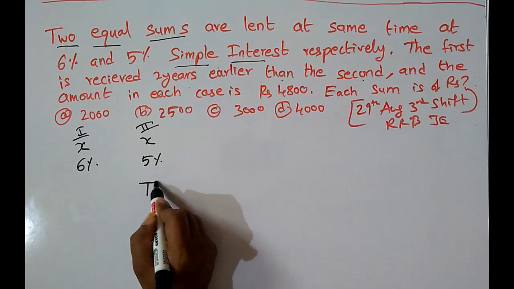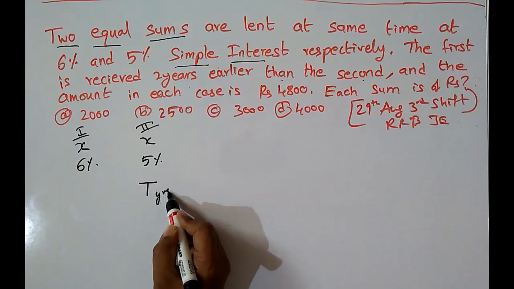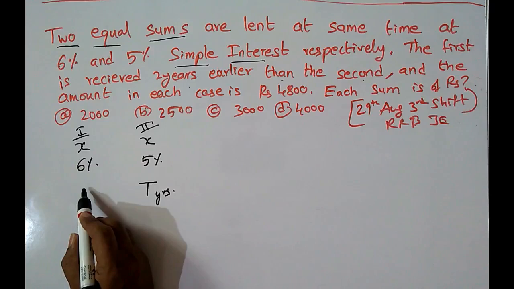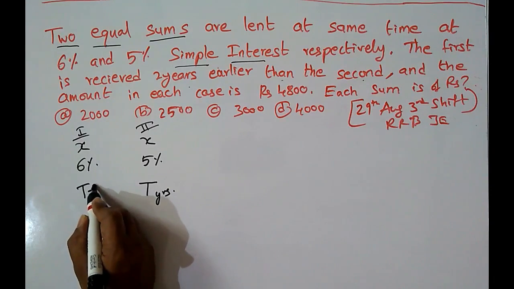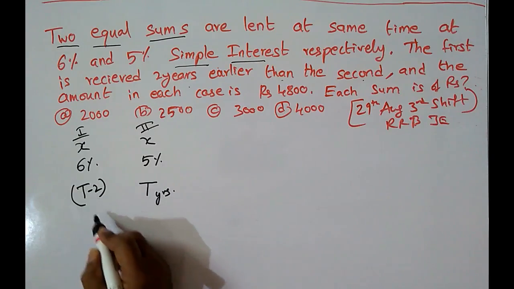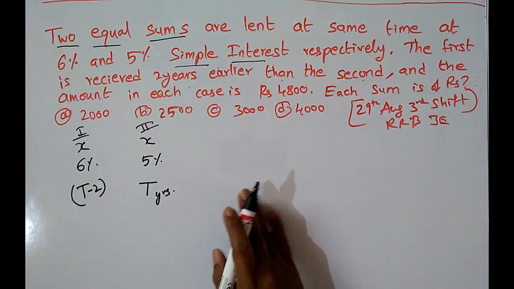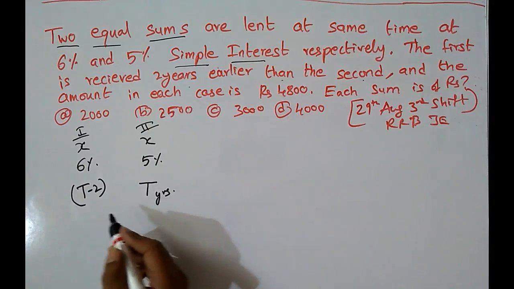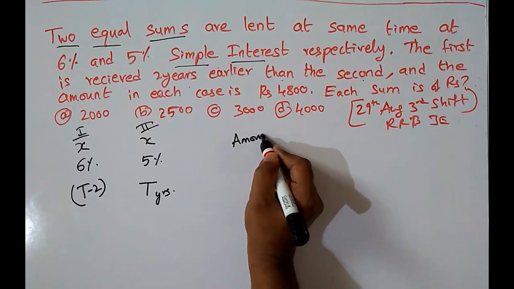If the second one is received after t years, then the first is received 2 years early, that is t minus 2, and the amount in each case is rupees 4,009. Here friends, you have to know the difference between amount and interest.